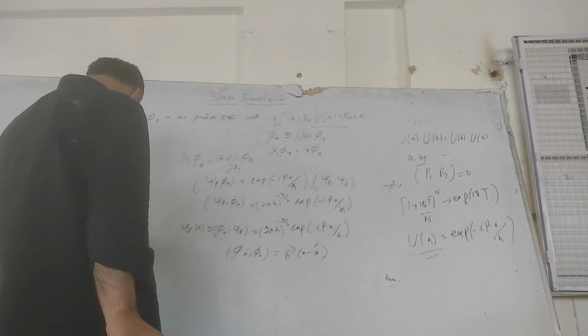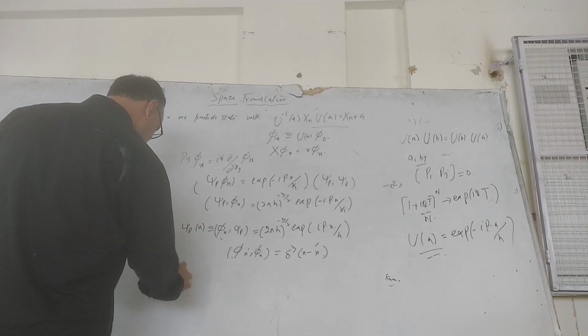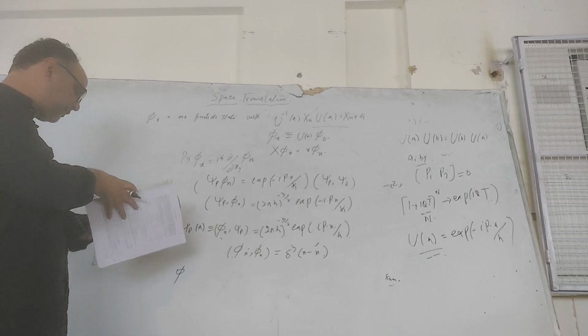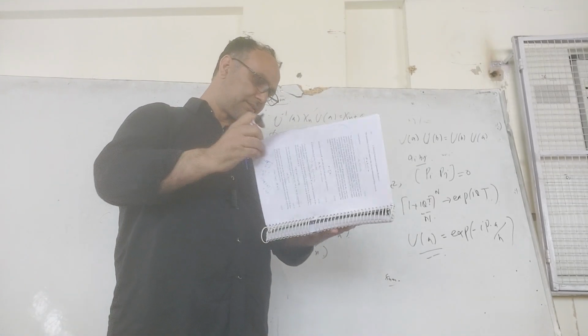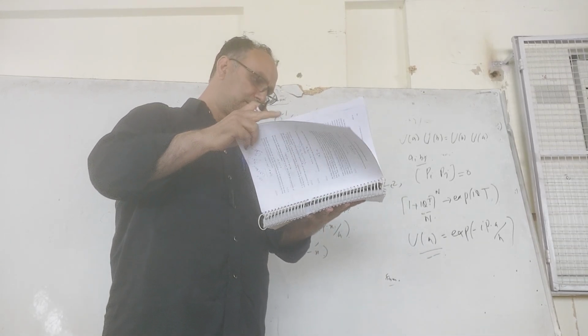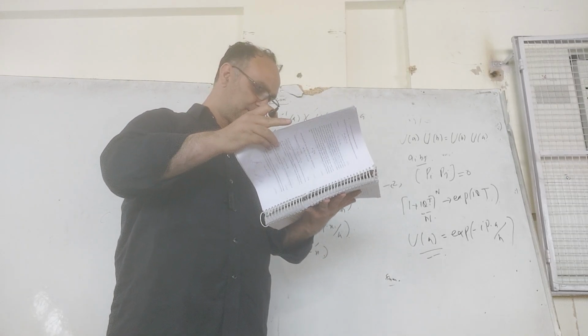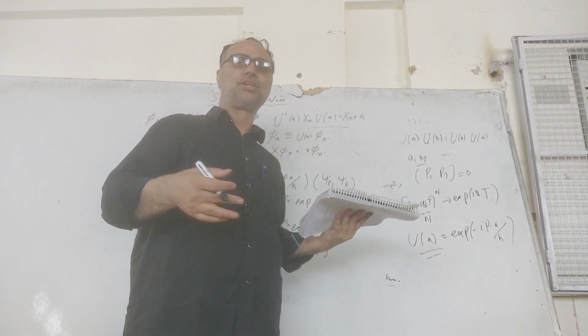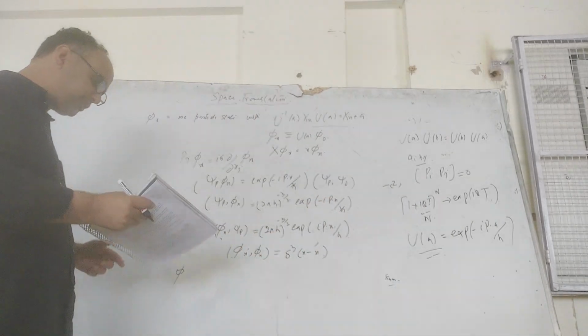So if you remember the previous class, how we basically described continuum space states, and how we had a Fourier analysis and the representation of those continuum states.